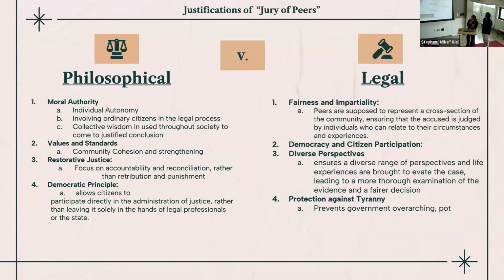So these are the justifications of peers from a philosophical standpoint and also from a legal standpoint. As you can see, they very much go together, such as democratic principles and citizen participation, and also protection against overbearing governments. They very much intertwine with each other.